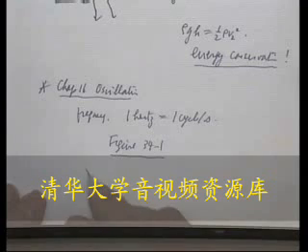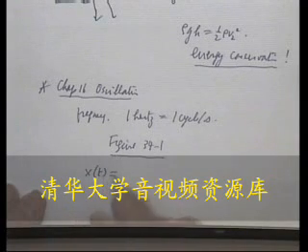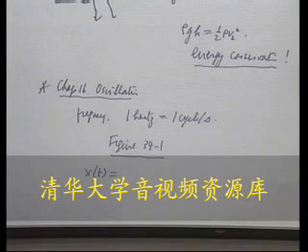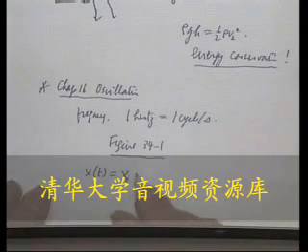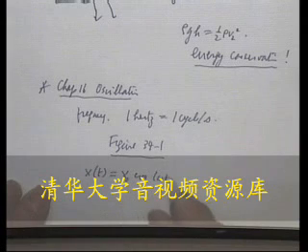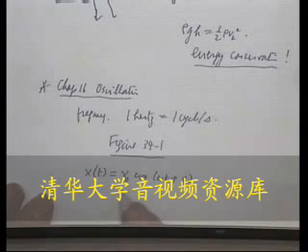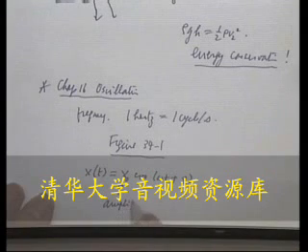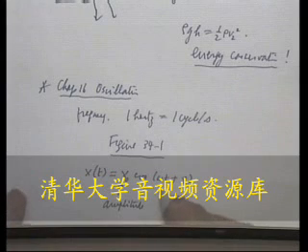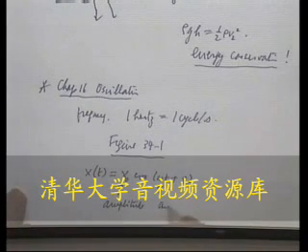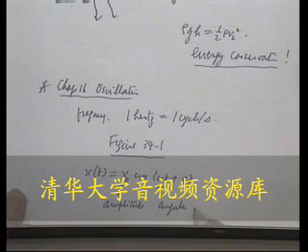Now, in the book, it writes a typical one-dimensional oscillation. The displacement x as a function of t is written as x0 times cosine(omega t plus phi). This x0 is called amplitude. 中文叫振幅. This omega is called angular frequency, or angular velocity.